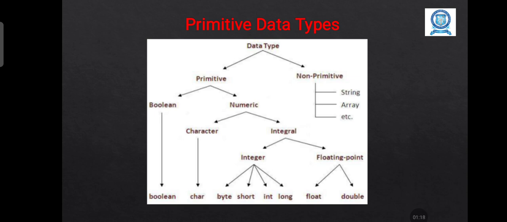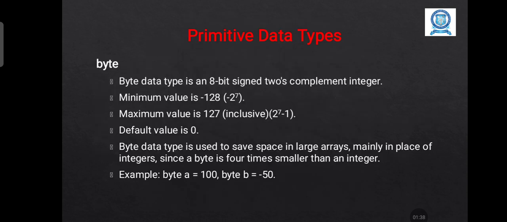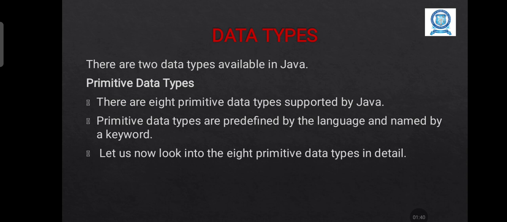The numeric data type includes all the numeric data items, which are also categorized into character and integral data types. In integral data types, we have several other categories based upon the feature and the size of the data items. Let us see about primitive data types.